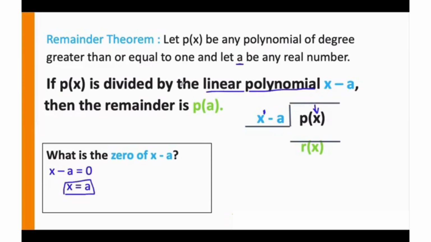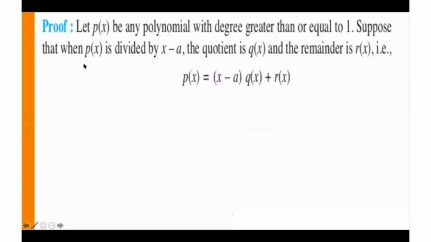So let's prove it. To put a here, we first need p of x. We need this polynomial. What is p of x? It's not given to us. But we know the relationship between p of x and the divisor, the quotient and the remainder. So let p of x be any polynomial with degree greater than or equal to 1. That's the dividend.